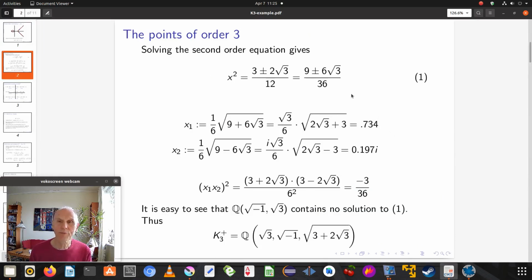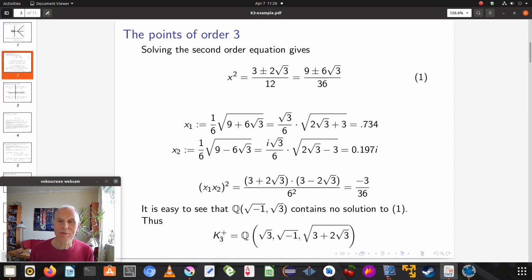So I solved the second order differential equation, the square, or the fourth order, so this x squared gives this. So that means that K3 plus must contain square root 3. So we define the two x values, and then the opposite ones will occur as well, of course. And it appeared to me that square root of minus 1 had to lie in K3 plus as well.